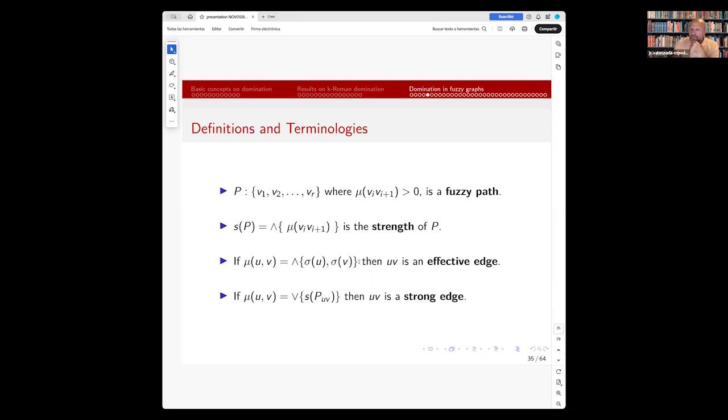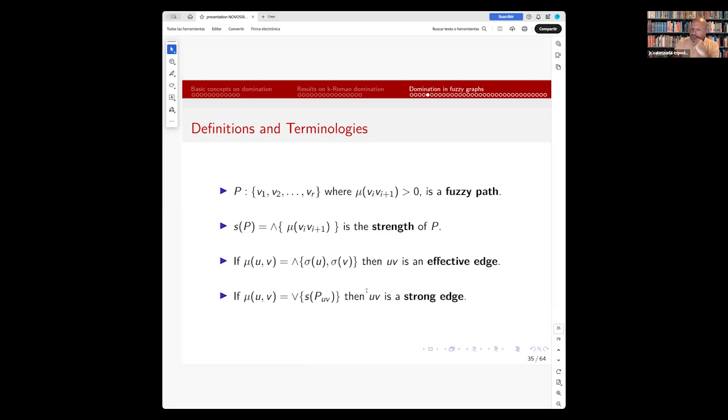These couple of concepts are very important in this work. We call an effective edge an edge that achieves the maximum possible value. That is to say, an edge that has a membership value equal to the minimum of the membership values of its end vertices.